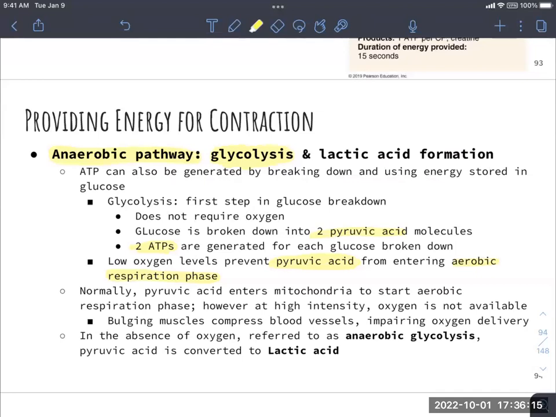So we use this anaerobic glycolysis to get 2 ATP, but then since that pyruvic acid is not being used in the mitochondria through aerobic respiration, it gets converted to what's called lactic acid.